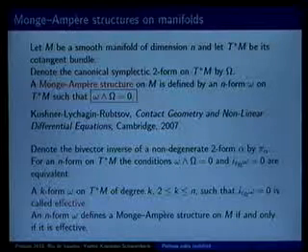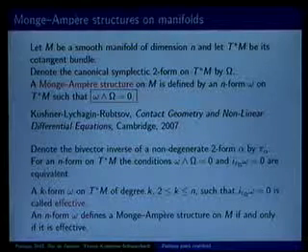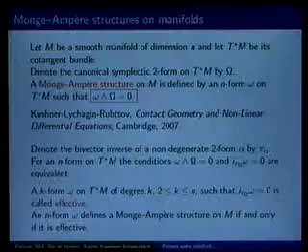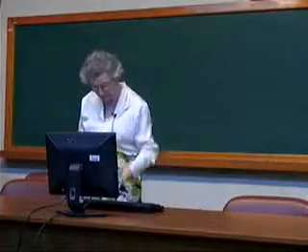So we can rephrase the definition of Monge-Ampère structures by saying that it's defined by an effective n-form on T star M, where M is a manifold of dimension n.